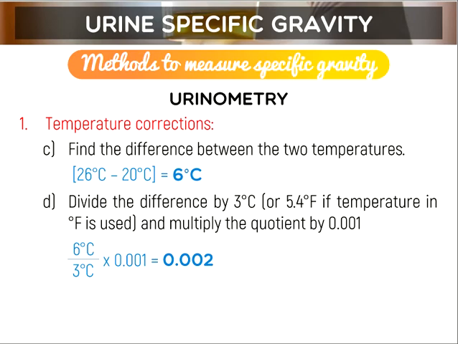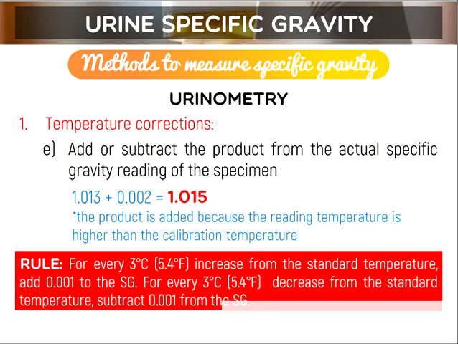Okay, so find the difference between the two temperatures. We have 6 degrees Celsius. Divide the difference by 3 degrees Celsius, or 5.4 if the temperature is in Fahrenheit, and multiply the quotient by 0.001. Then add or subtract the product from the actual gravity reading of the specimen. The general rule is that for every 3 degrees Celsius increase from the standard temperature, add 0.001 to the SG.